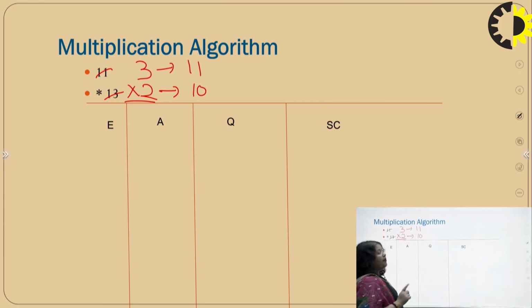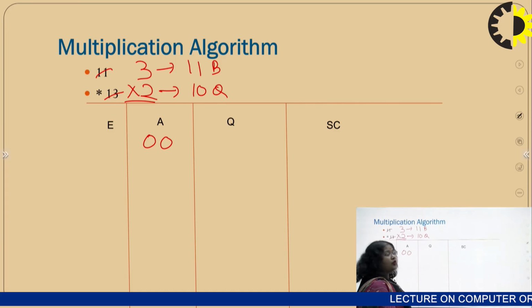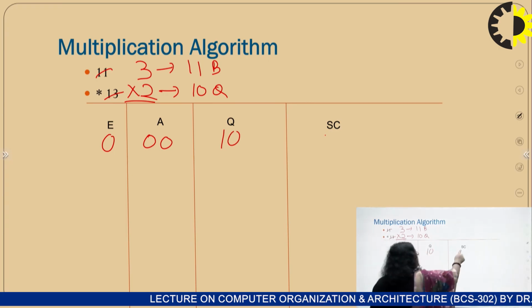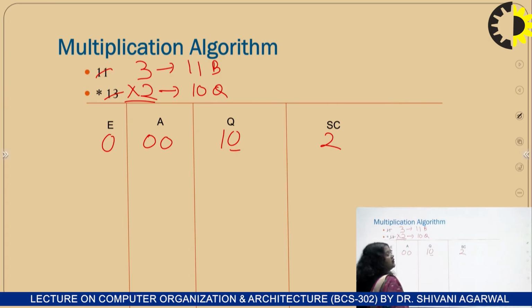Multiplicand in B, multiplier in Q. A is the accumulator, E is the end around carry, both initially 0. A has 2 bits because the Q register value is 2 bits. So, E is initially 0, Q is 1 0, and the sequence counter is 2.